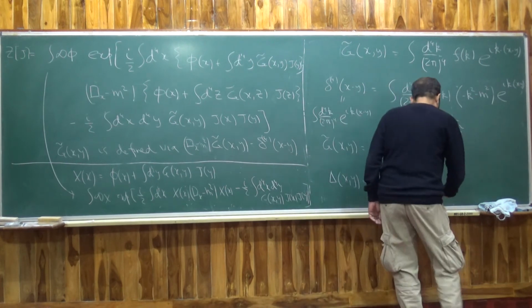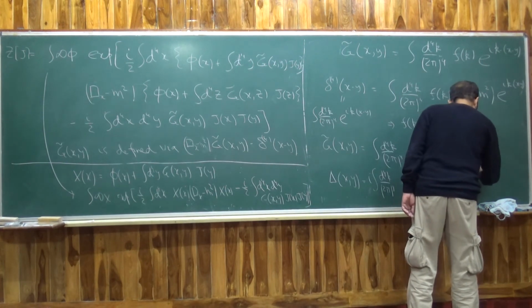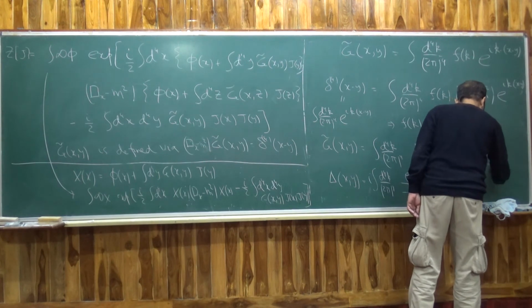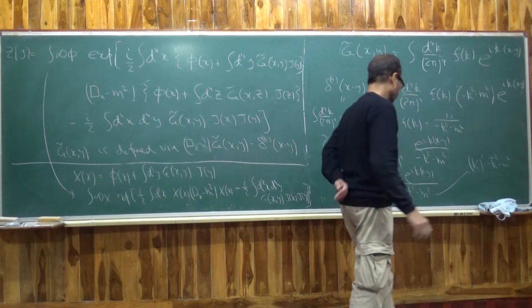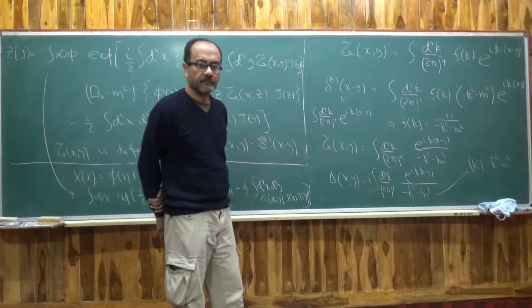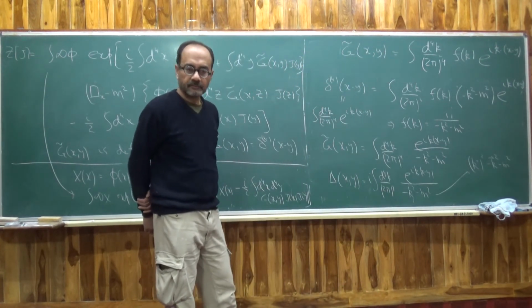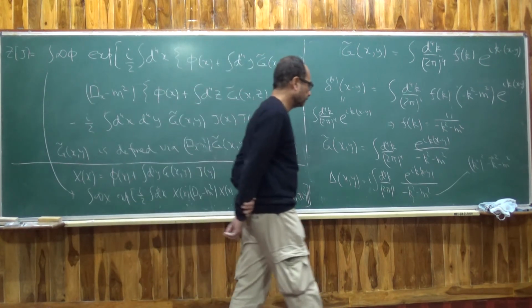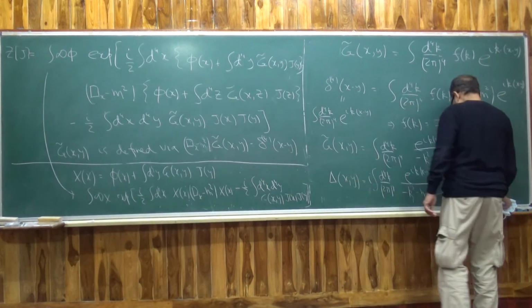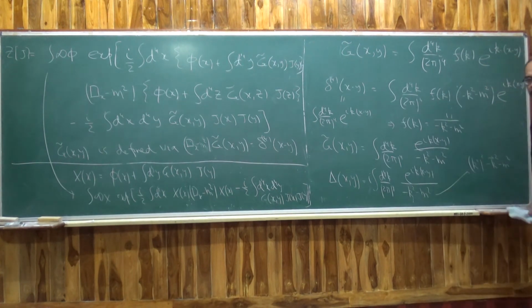the minus k square minus m square is k0 square. But now you see that we have a problem because this can vanish.